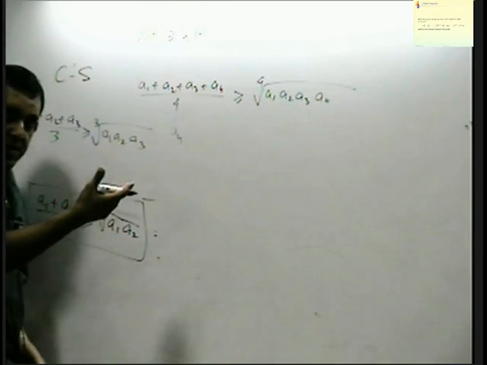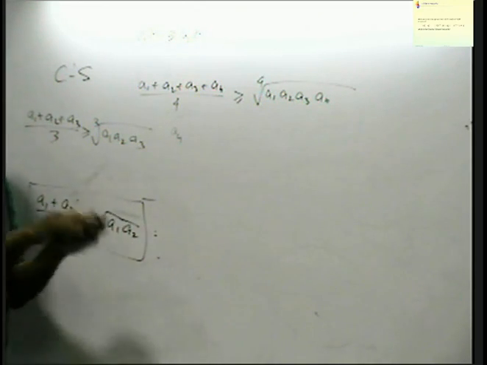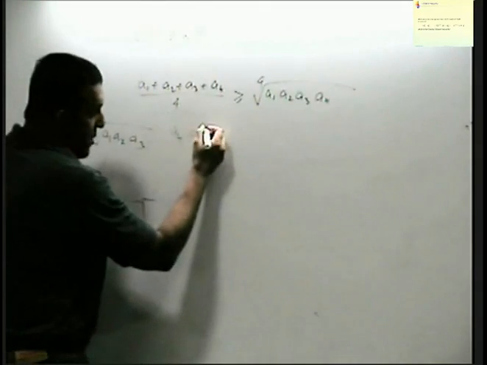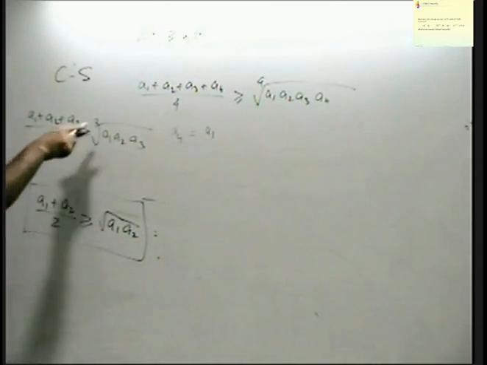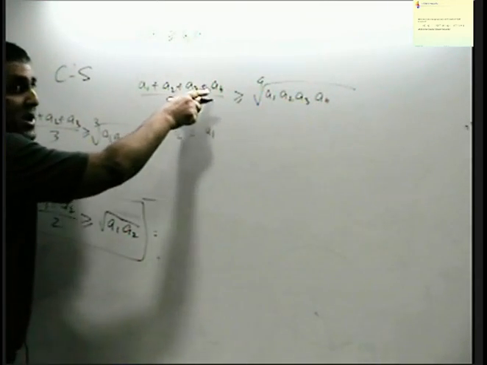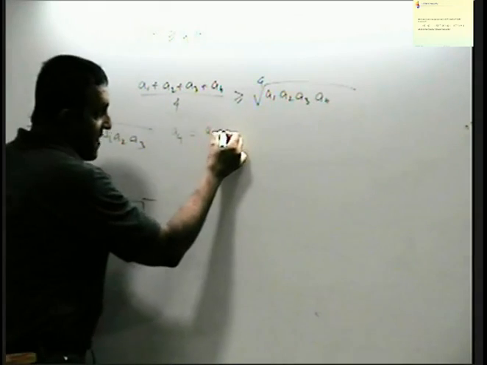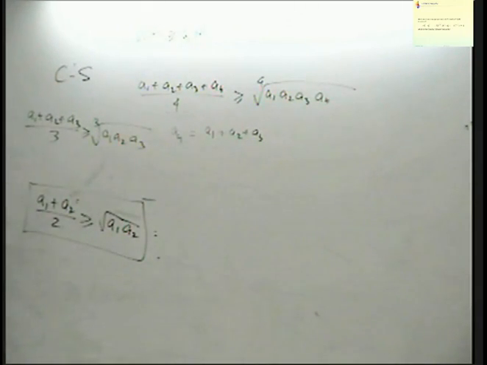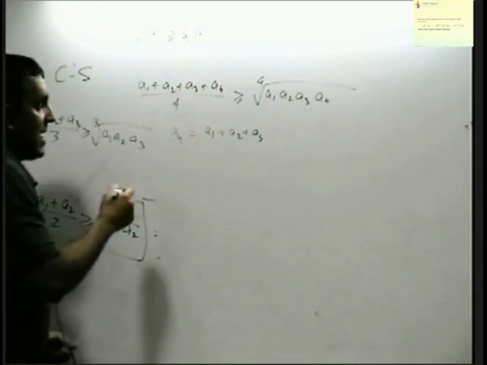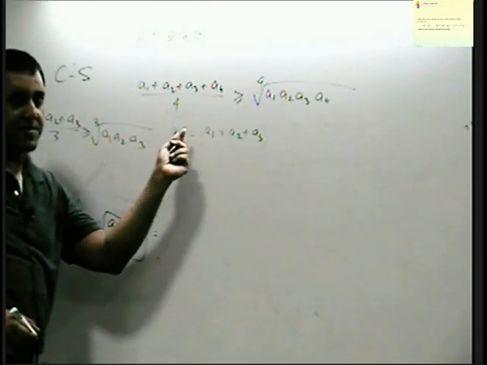And if you play around a little bit, if you see the final solution, it seems the most natural thing. But I guess you have to play around to get to that. So what Cauchy does is, he says, this is symmetric in A1, A2, A3. This is also symmetric in A1, A2, A3, A4. So therefore, whatever I set for A4 in terms of A1, A2, A3, I should make it symmetric in A1, A2, A3. And then he says, okay, if you had more time, you could try first with this.